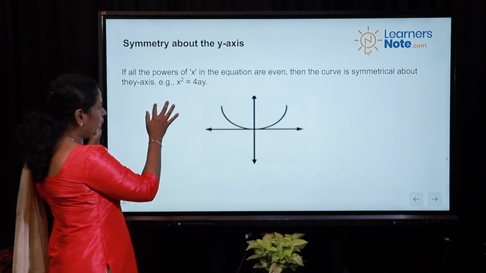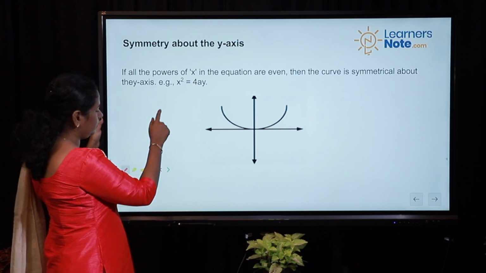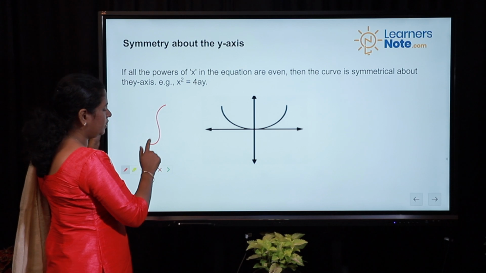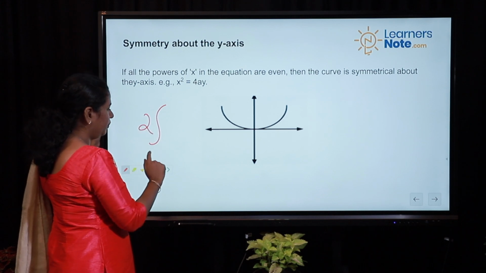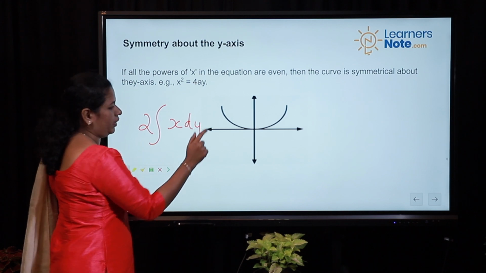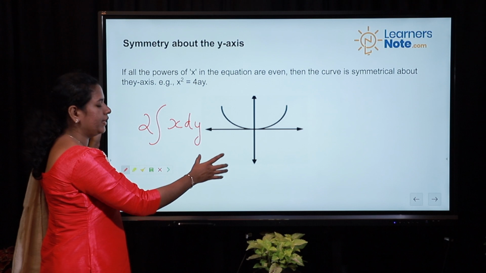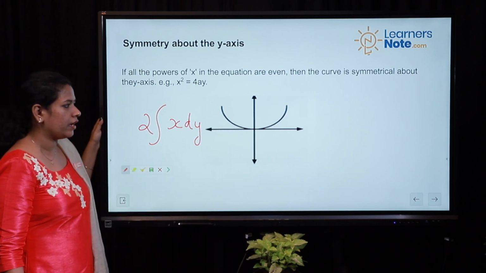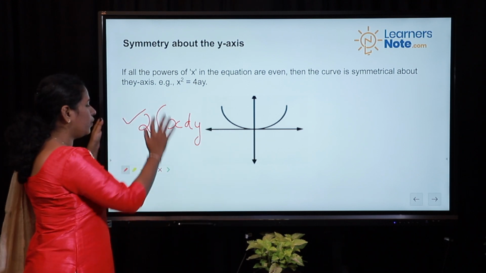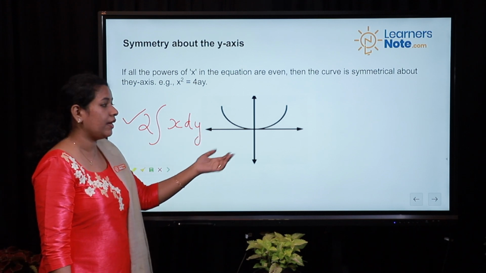For that, we can use the equation 2 into integration x dy. This is the equation you can use for calculating the area under this curve. And by taking this equation, you can save a lot of time.